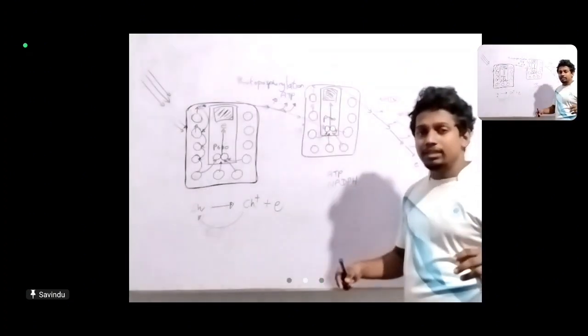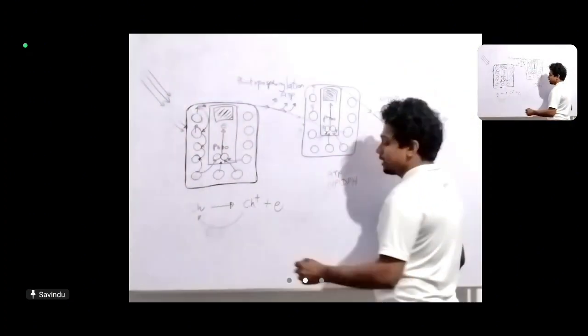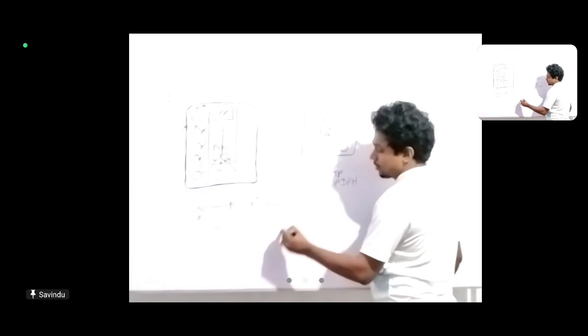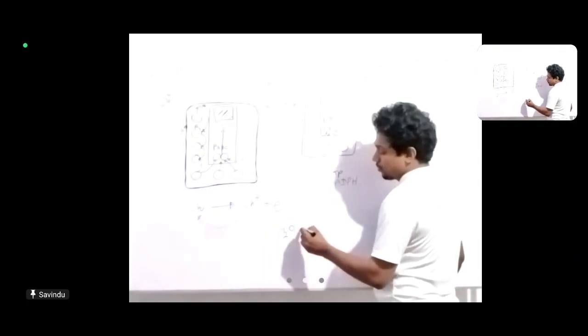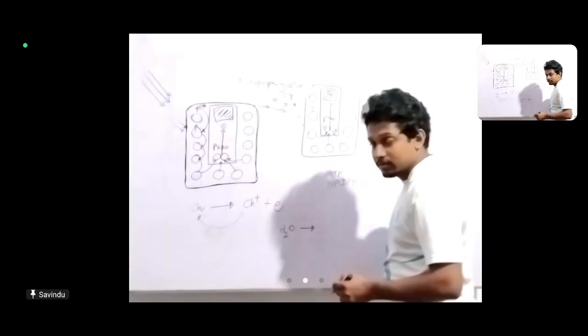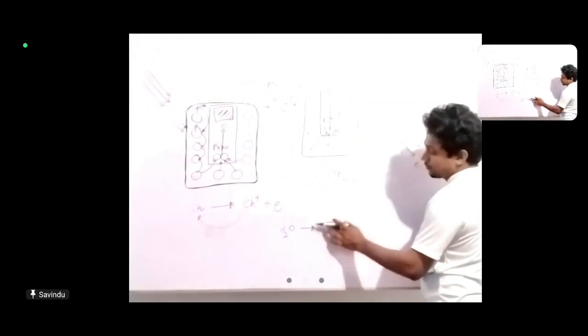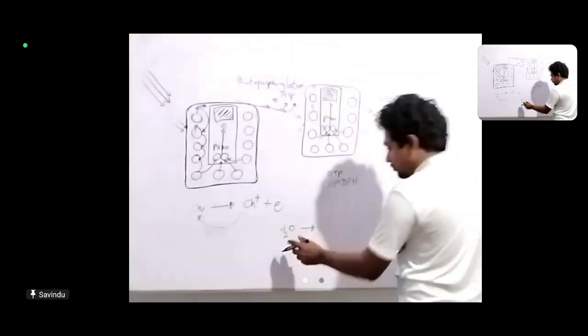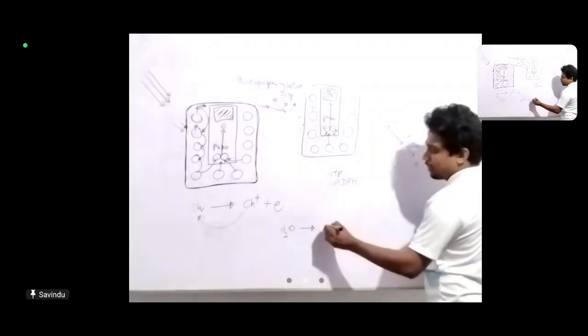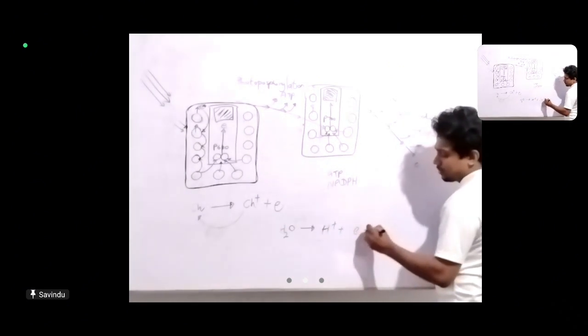That's where the occurrence of water is important. H2O. You need to remember this. It is broken down into pieces: H plus, electrons, O2.